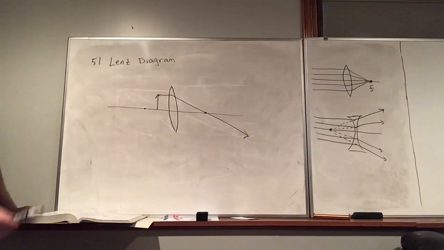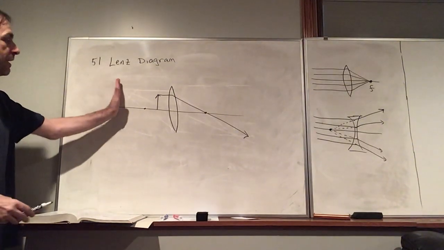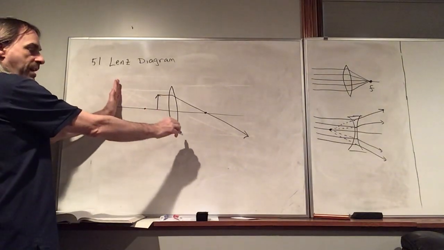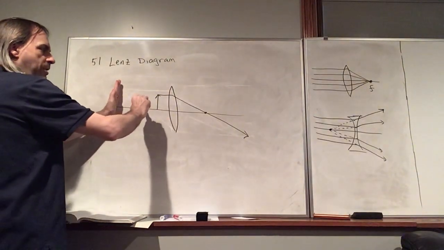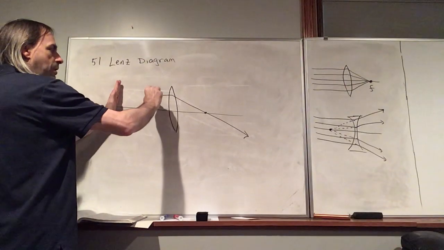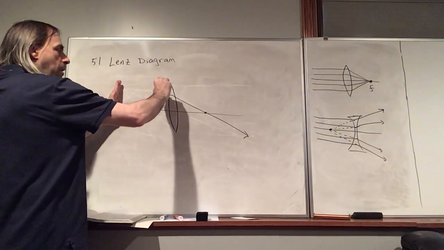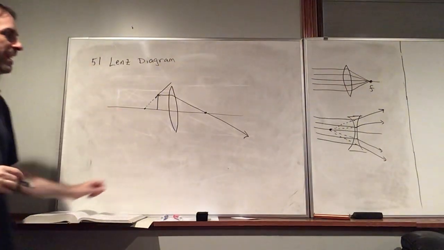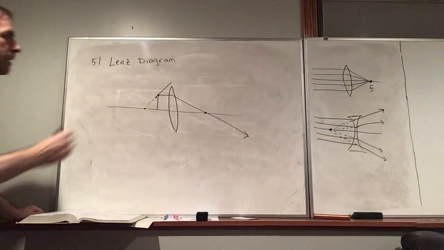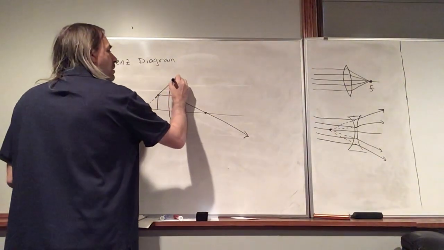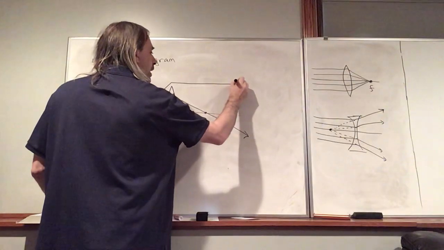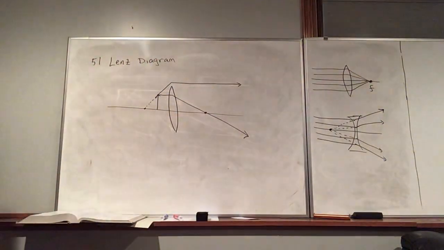Well, for two reasons. One's not really a big deal, but the other one, when we were over here, we went through the focal point on the left. So here, we're going to do that, but going the opposite direction. So we go away from the focal point, and when we hit the lens, then we have it go parallel to the principal axis. Now, we didn't actually hit the lens, but I could have just drawn it a little bigger. Doesn't matter if we actually hit it or not.